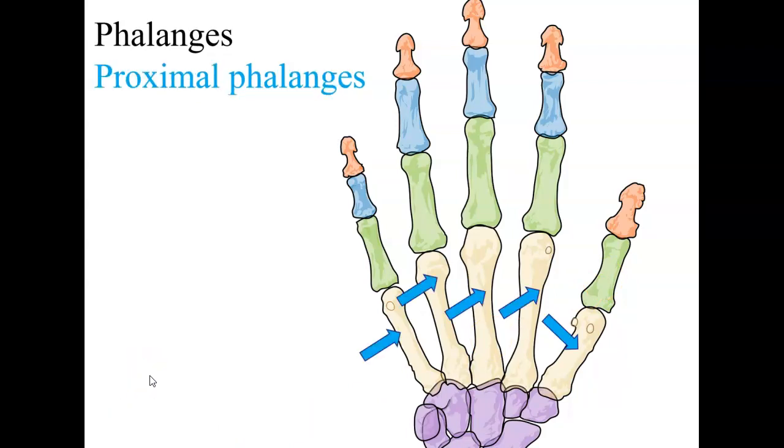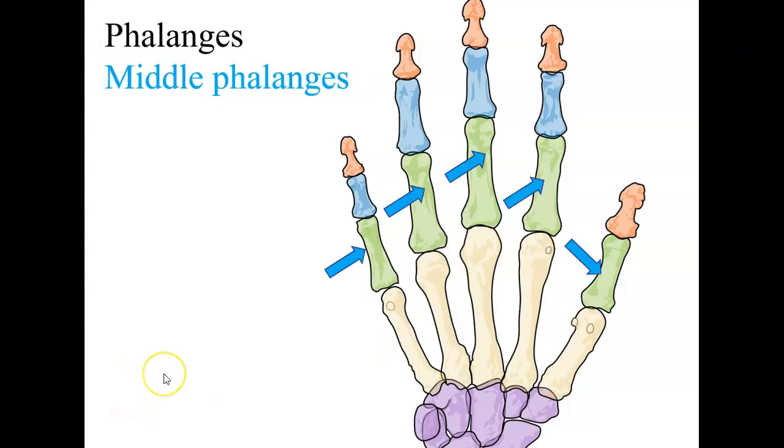And so the phalanges are going to be labeled, and this is incorrectly labeled, my apologies for that. But this right up here, these green bones are representing the proximal phalanges. And unfortunately, this is labeled incorrectly as well. The blue bones are representing the middle phalanges.